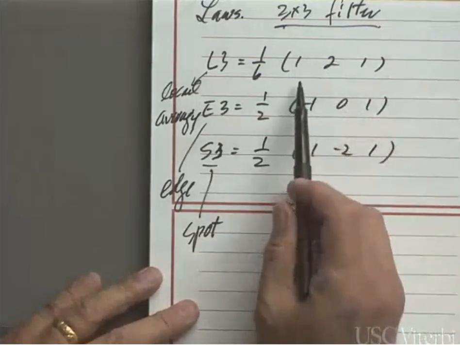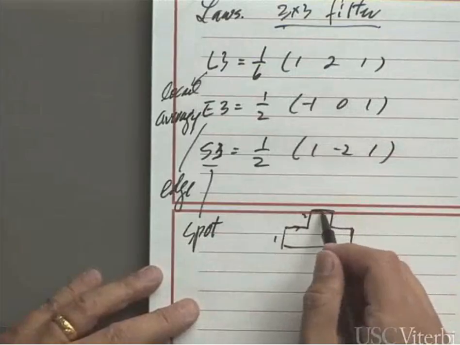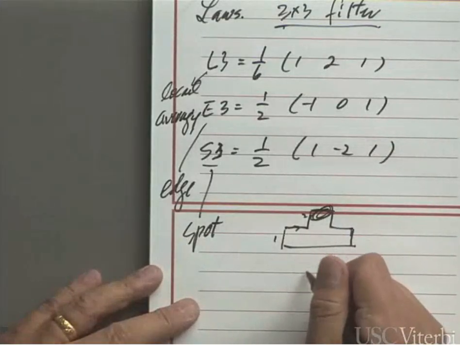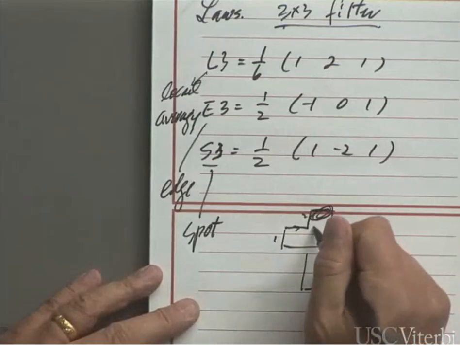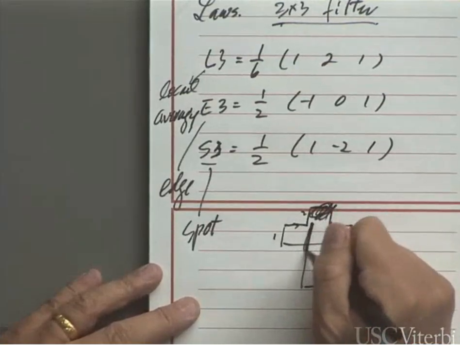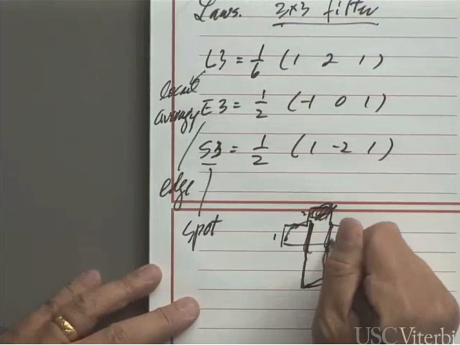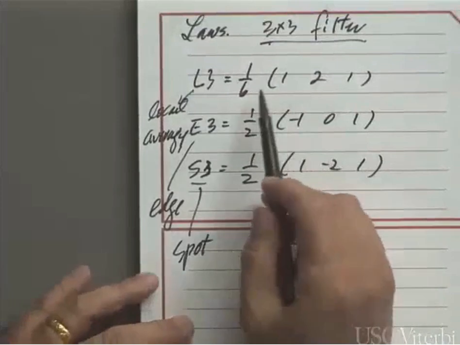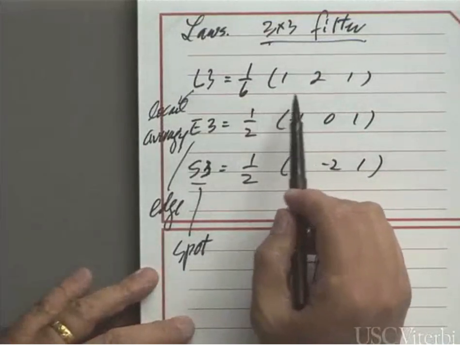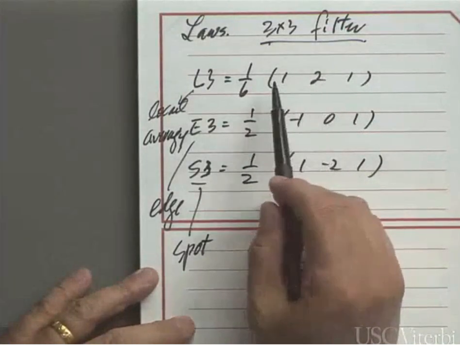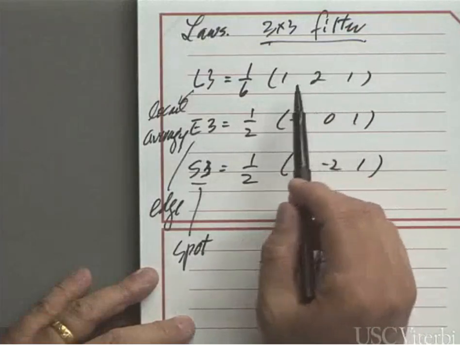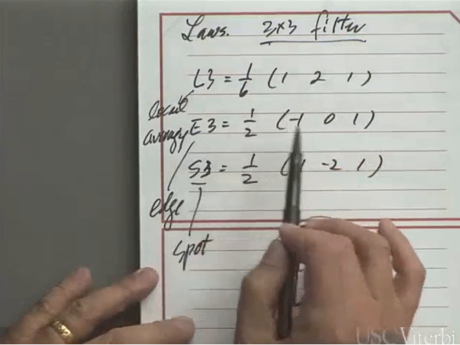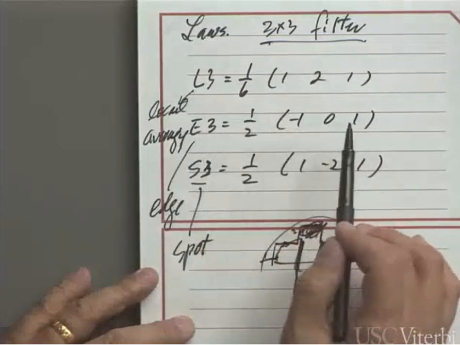So the local averaging is the center times 2, with 1 from the left and 1 from the right. The E filter does local edge detection.